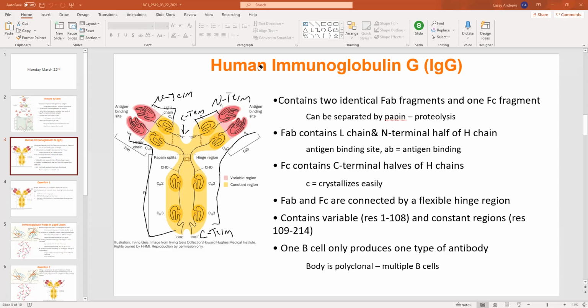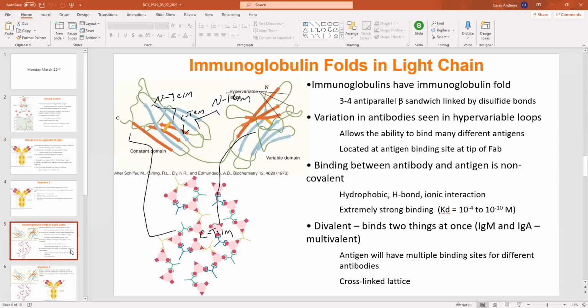The antigen site is composed of two Ig folds. That is true. An Ig fold is a type of structure, and it's actually on this slide.